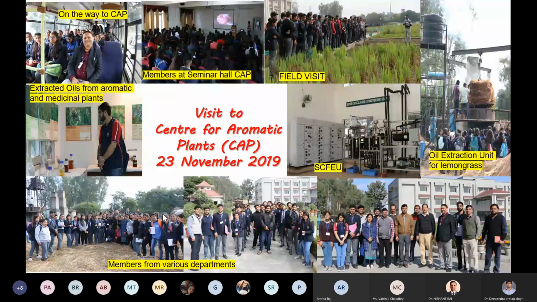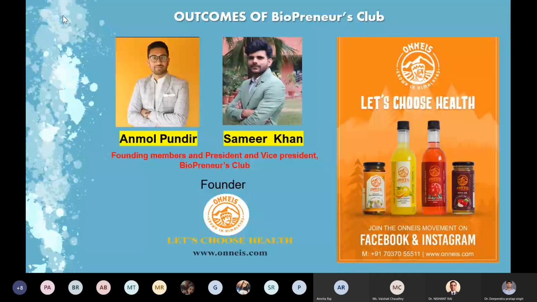Now, what is the outcome of the Biopreneurs Club? We had a successful startup from our founding members, the president and vice president of the first committee, Anmol Kundir and Samir Khan, and they founded this beautiful company known as Honest.